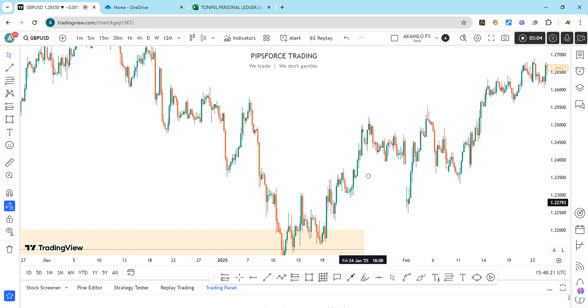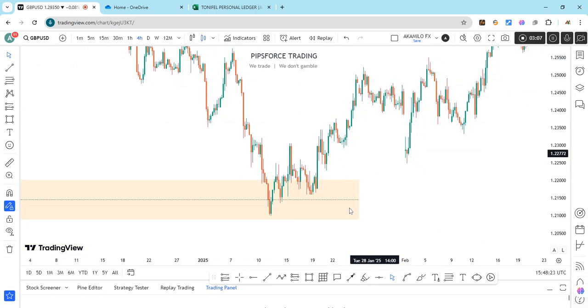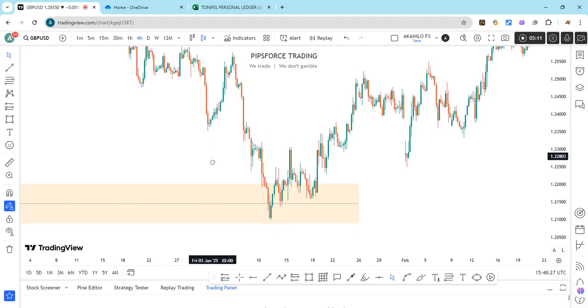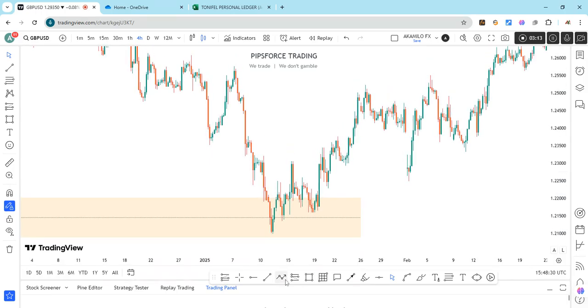If you check on this particular one down here, we can see that price keeps giving us this move to the downside.